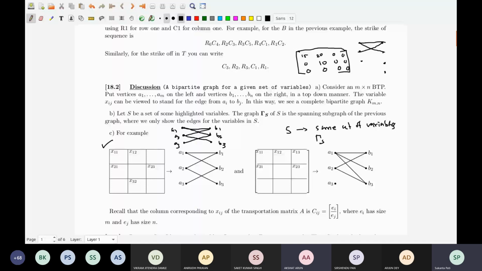Now x22. Sorry, I have drawn the wrong one. So are they linearly independent? No. According to our theorem, a set of variables is independent if and only if the graph does not contain a cycle. So independent, yes. Or if you want to write down the columns itself, you will see these are independent. So if it is a feasible solution, then it is a BFS.